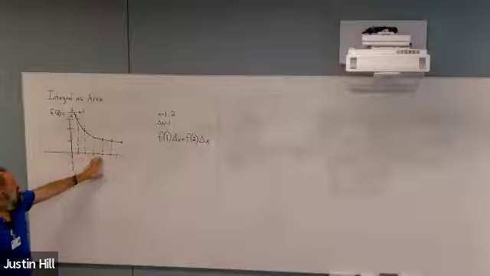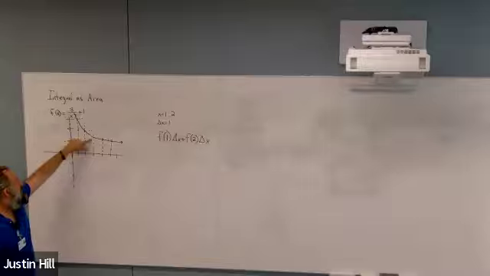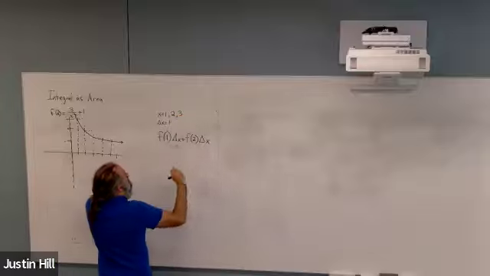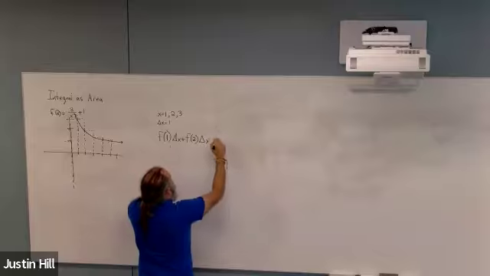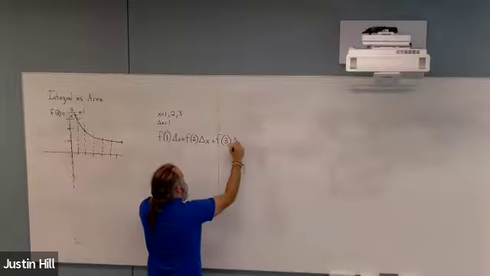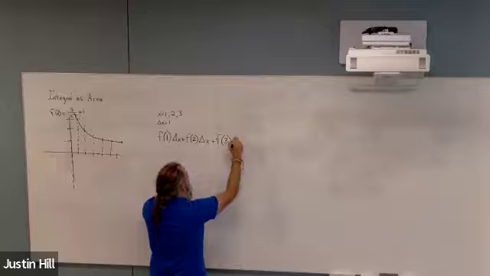Now let's go to the third rectangle. What is the height of this rectangle? Good, it's whatever the y value is here where x equals 3. So x is also going to equal 3. For the third rectangle, we get f of 3 times again that delta x.